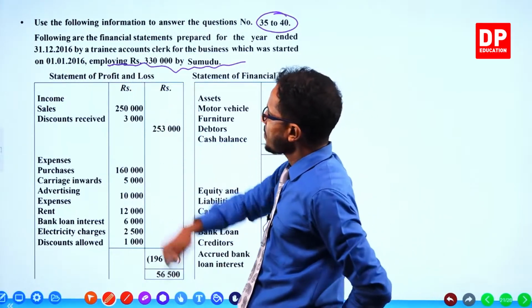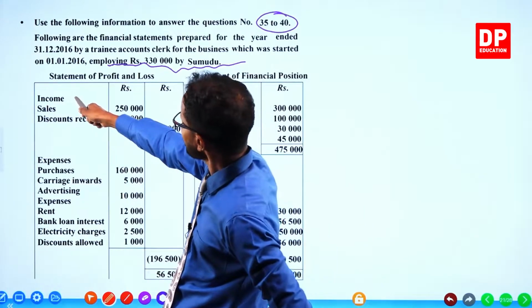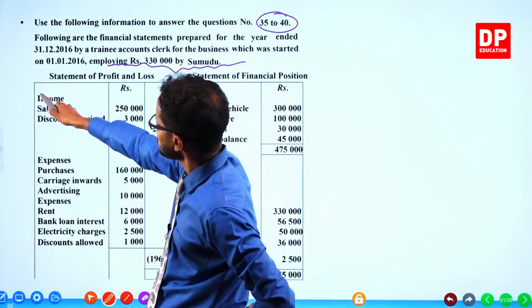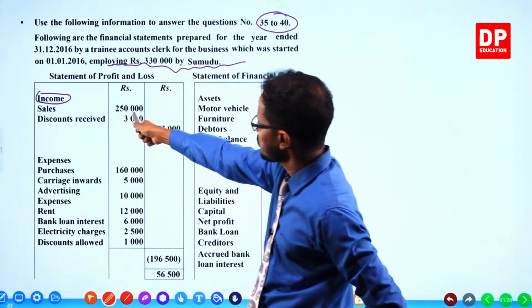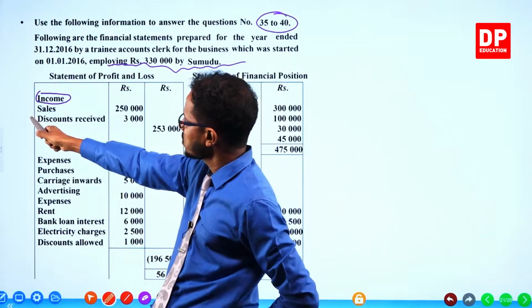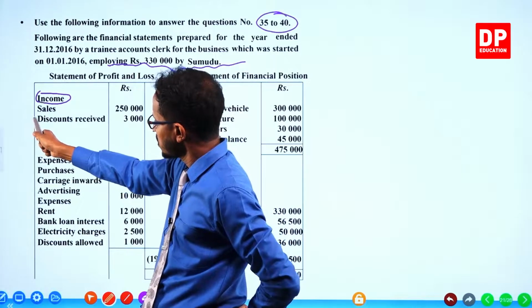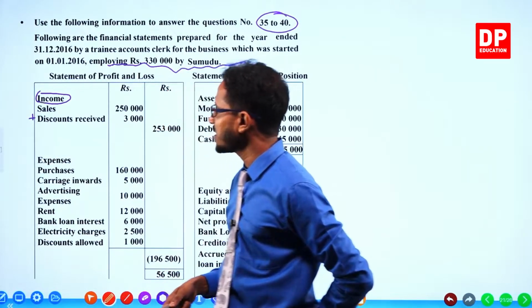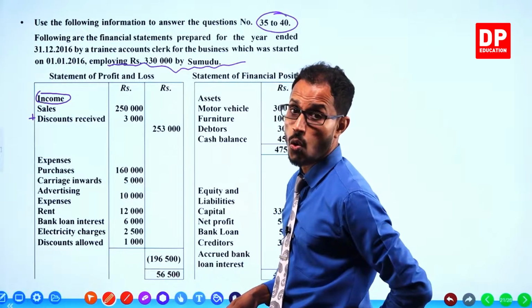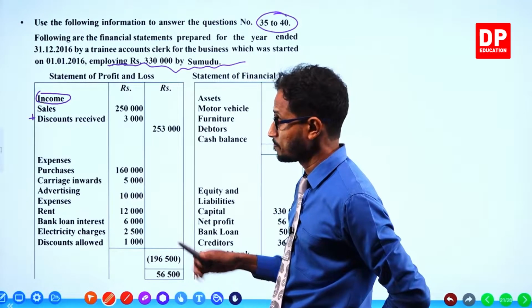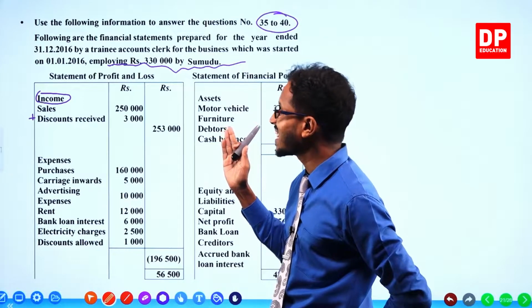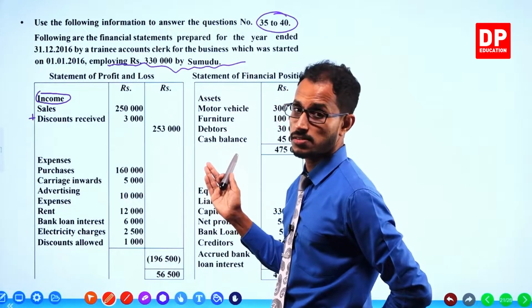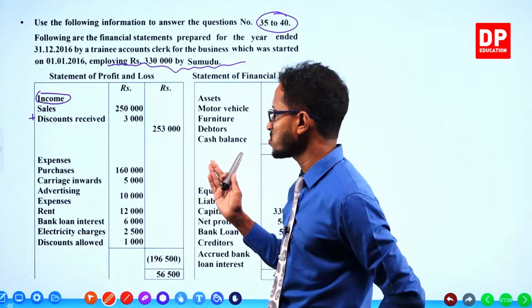Statement of profit or loss is there. Under incomes, she has put sales 250, and under sales she has added discounts received. It's wrong. We don't add other incomes to sales.